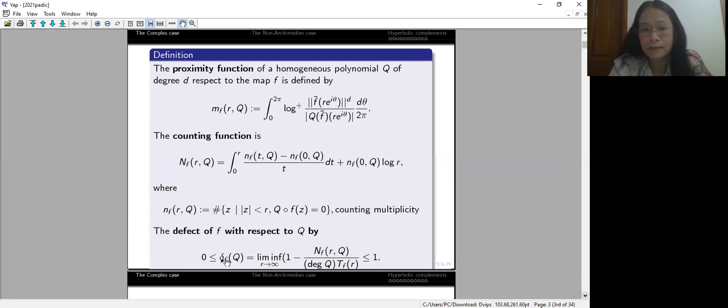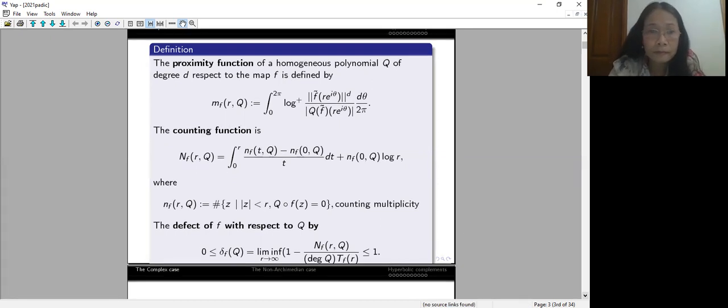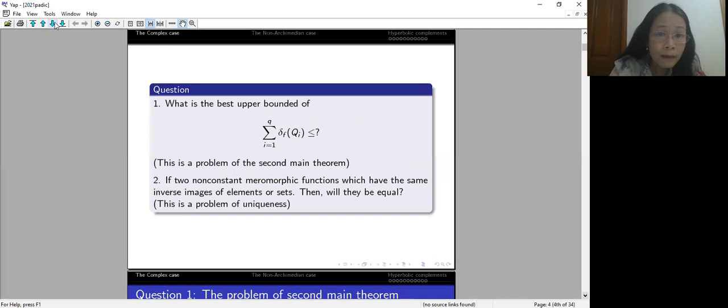But the question is, if we add all of them together, if we can find the bound. So that is the question, and it is related to what we used to call the second main theorem. So how to find a better bound when we take the sum of some of them.